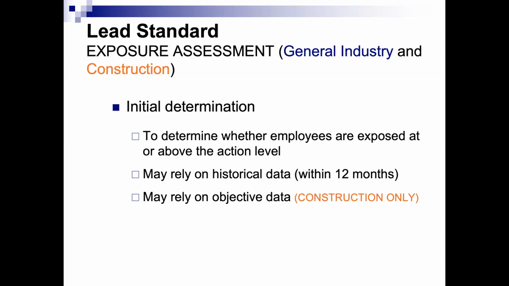So if you were doing a job in construction in phases, and you have air sampling on phase 1, and phase 2 involves much of the same activities using the same engineering controls and work practice controls, and the second phase is done within 12 months, you could use the sampling from the first phase for the second phase. If it's not done for 3 years, you'd have to do additional air sampling to determine what the employees are exposed to.